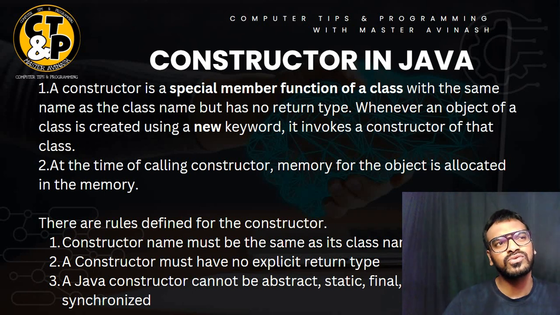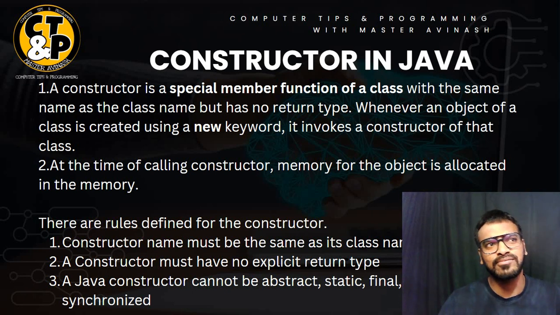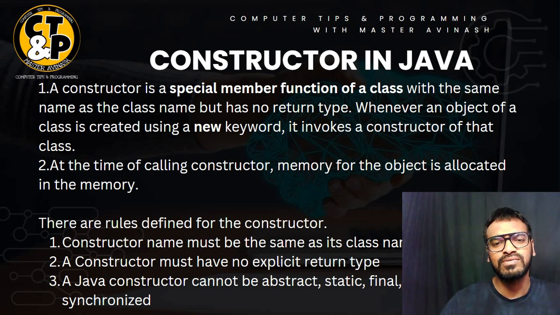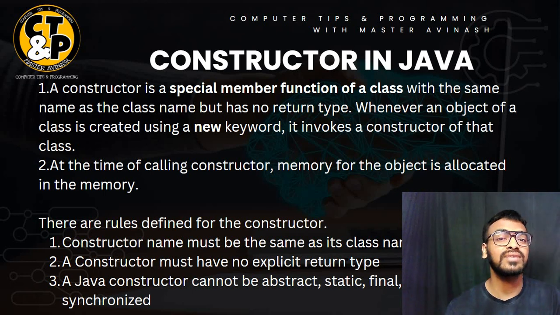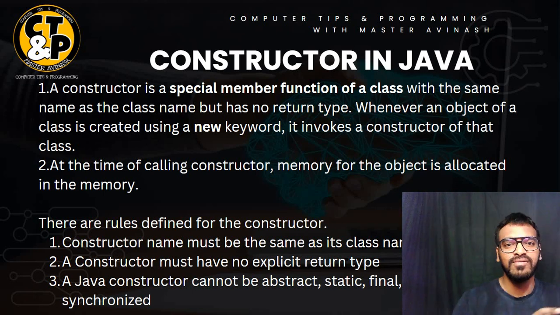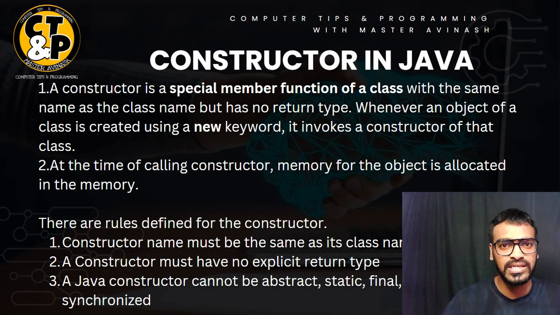You will ask, we have created objects many times before, so how was the constructor being called then? At that time you were not creating a constructor, but the Java compiler was creating a constructor for you. And at the time of calling the constructor, memory for the object is allocated.